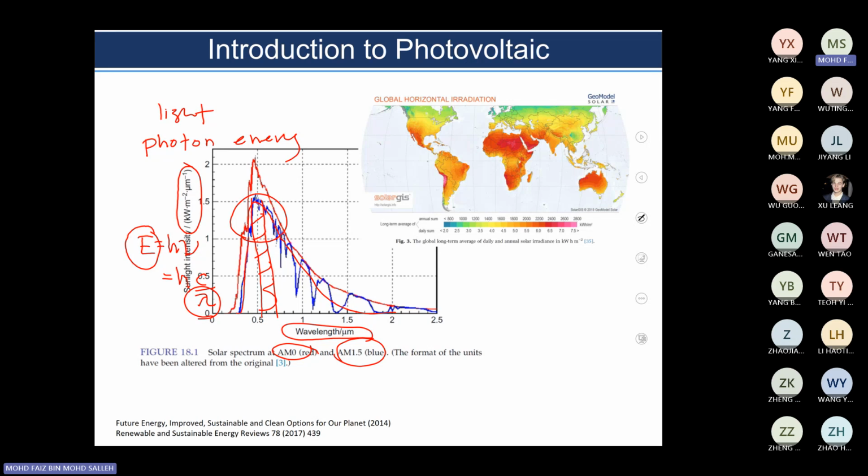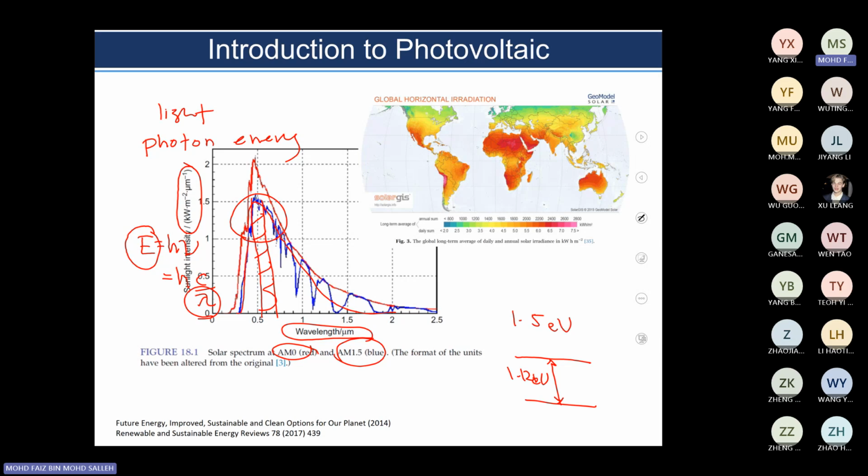For example, if you have 0.5 wavelength over here, and it can be translated, for example, to around 1.5 electron volt. If you use a semiconductor material, your friend said silicon. Silicon has a band gap around 1.12 electron volt. So you can see that sunlight is enough to excite the electron to allow free carriers.